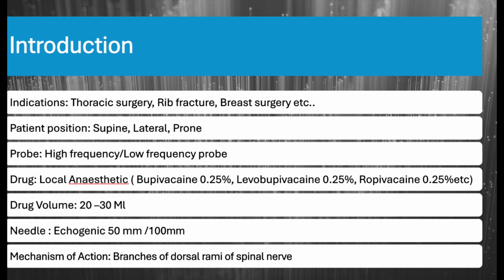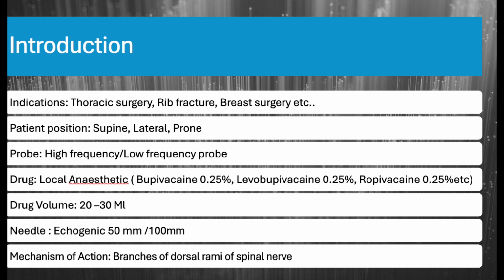The drug is most commonly a local anesthetic: we give bupivacaine 0.25%, levobupivacaine 0.25%, and ropivacaine 0.25%, especially in the analgesic dose. The drug volume we give is 20 to 30 ml.